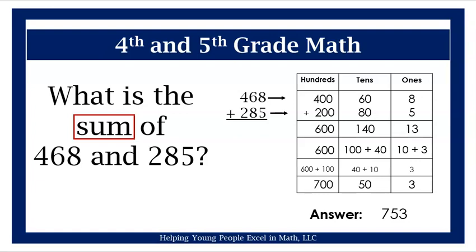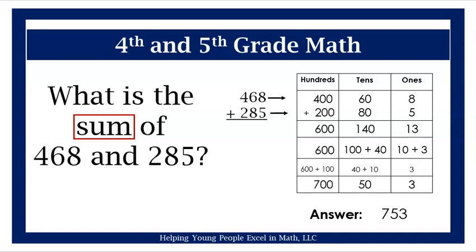And we have 600 plus 100, that is equal to 700. So our final answer, we have 700 in the hundreds place, 50 in the tens place, and a 3 in the ones place. Our final answer is 753.